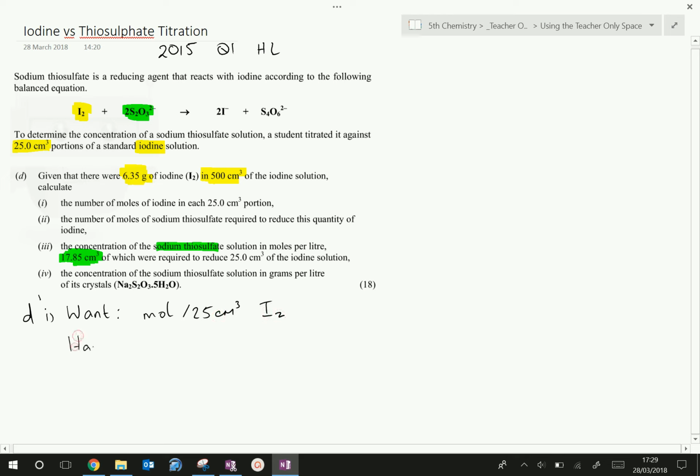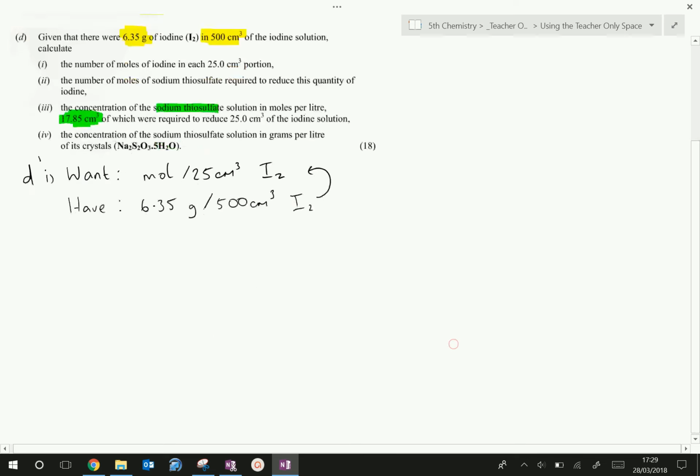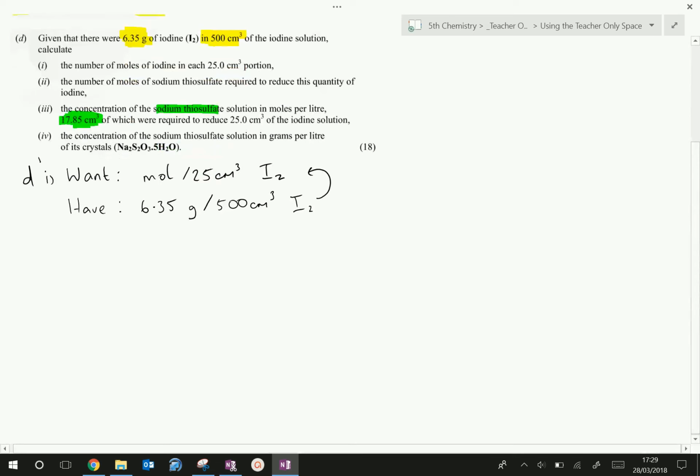What I have in terms of iodine is 6.35 grams per 500 mils of iodine. So I need to get from what I have to what I want. So I need to turn grams into moles, and I need to turn 500 mils down to 25 mils.